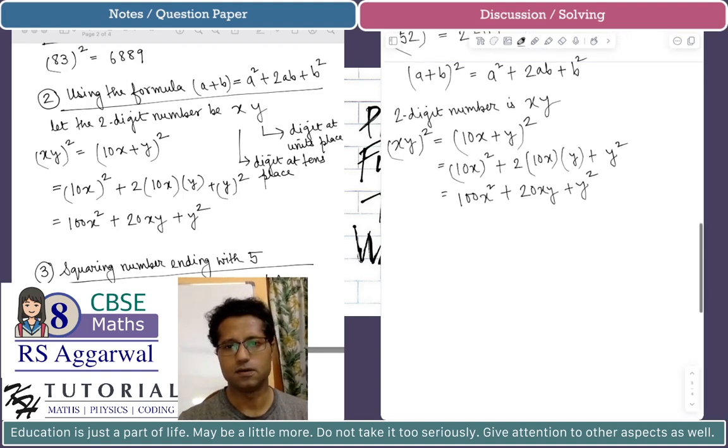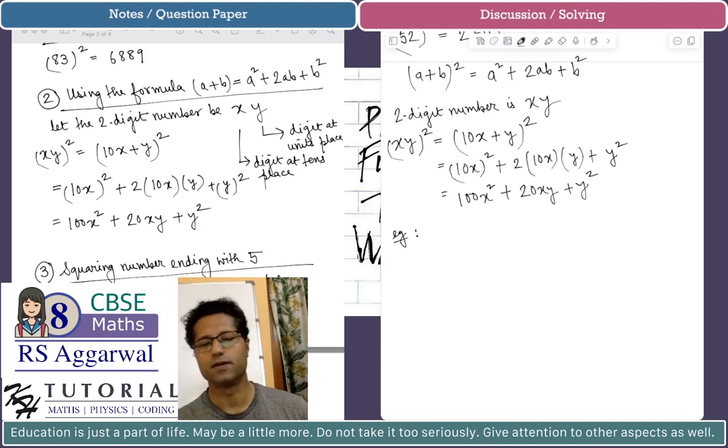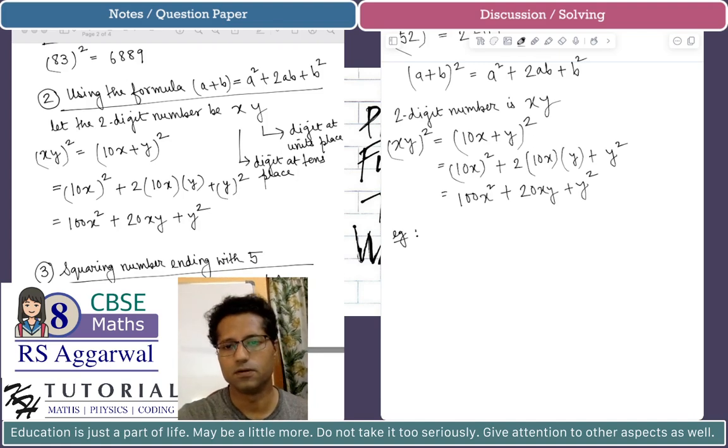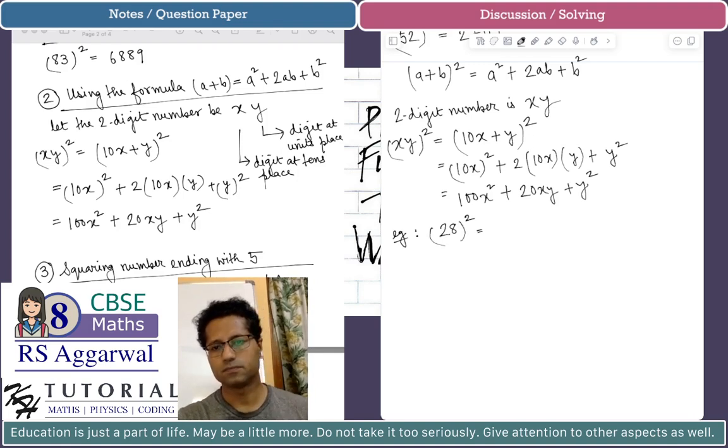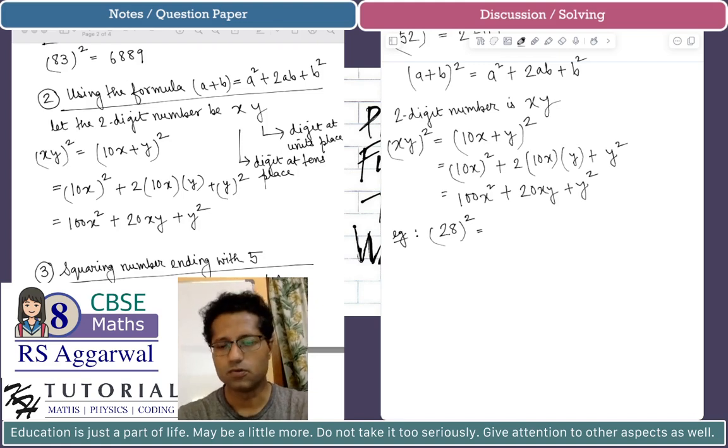Now let's try to see some example. How can we find the square of a two-digit number? Let's say we are doing 28 square. So this will be equal to, now you can see that in this 28, x will be 2 and y will be 8.